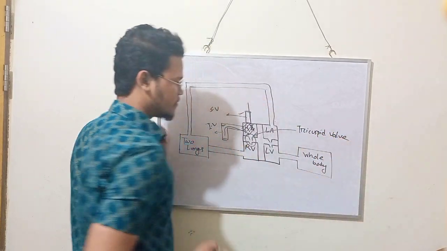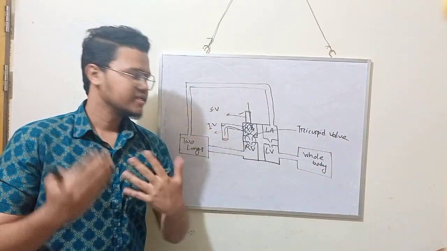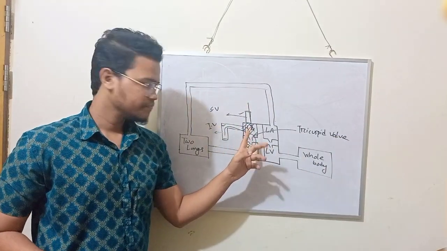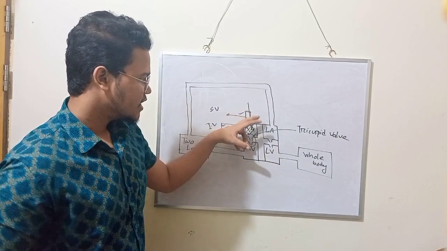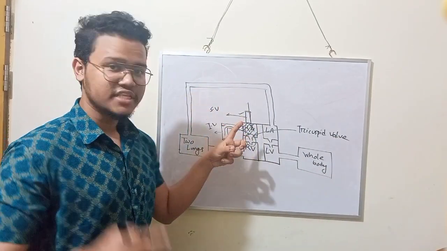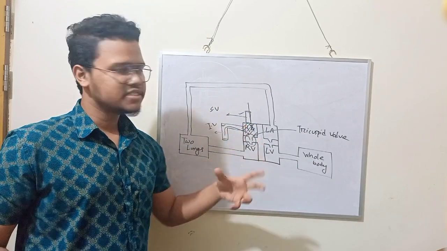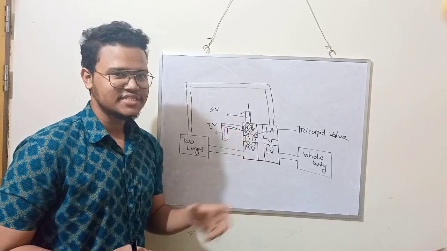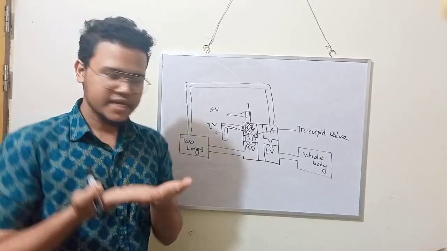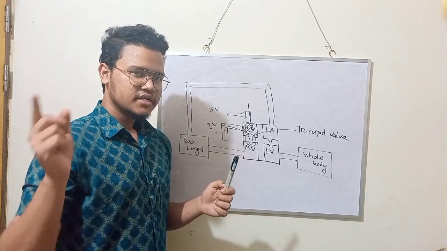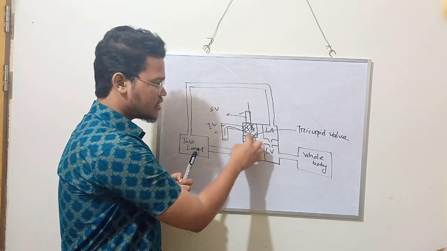Tricuspid valve. What is happening here? Blood enters the right atrium, then the right atrium of the heart contracts. That means the volume of the right atrium is decreasing and the pressure inside the right atrium is increasing, and this increased pressure is responsible for the opening of that valve.